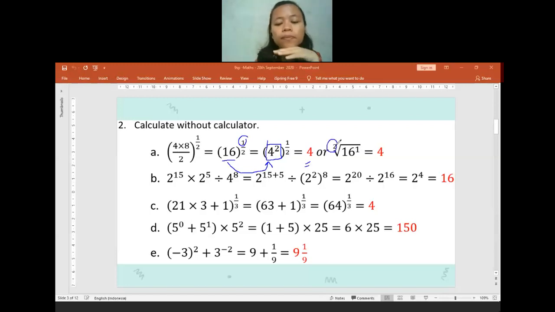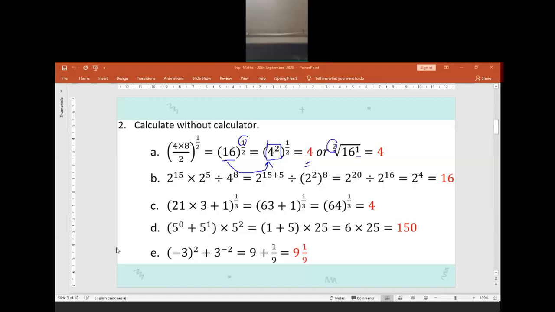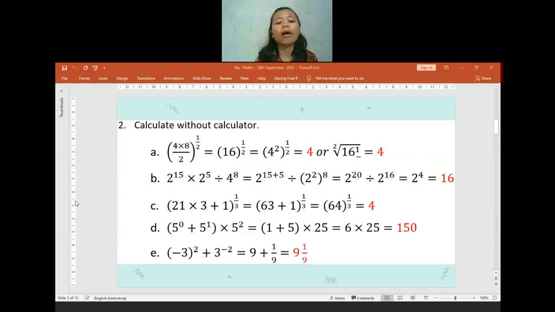Yes, Pipi? Teacher, how do you get 16? How do I get 16? You have to simplify the calculation inside the bracket first because we follow the BODMAS rule. Bracket, then indices, then division or multiplication, and then addition or subtraction.